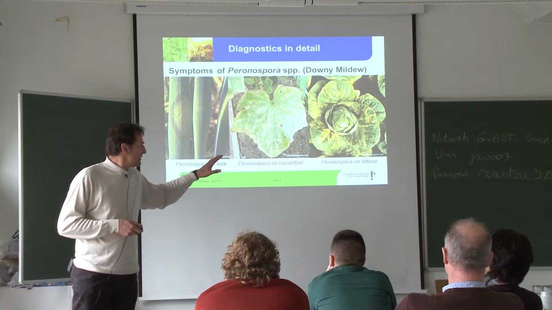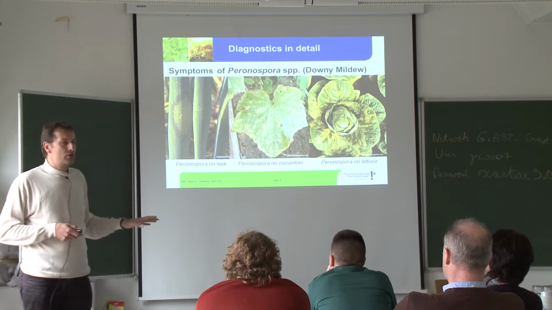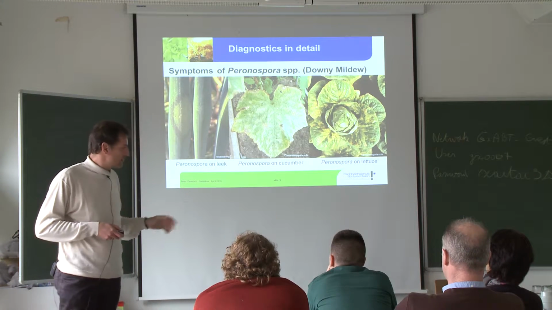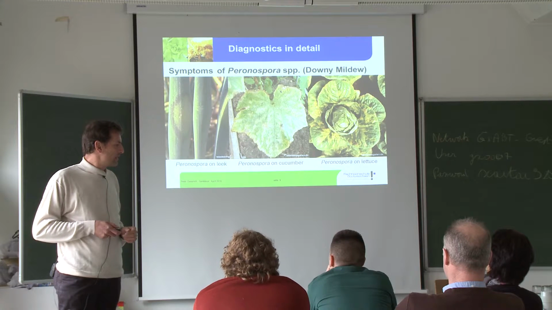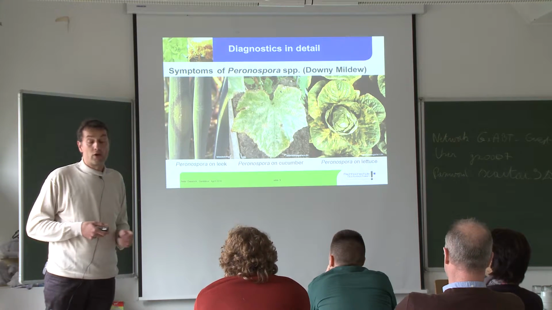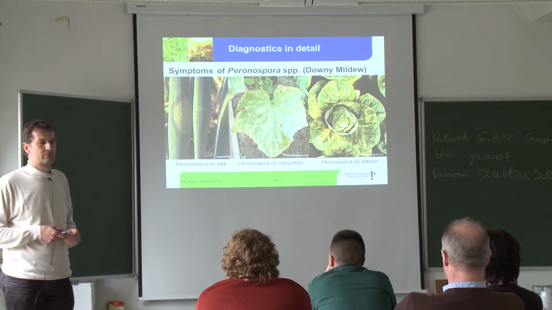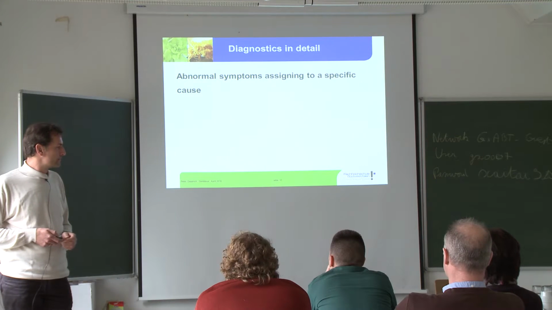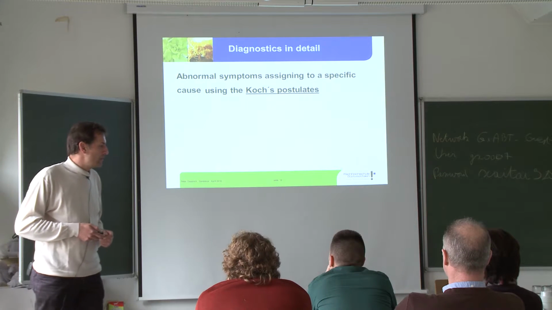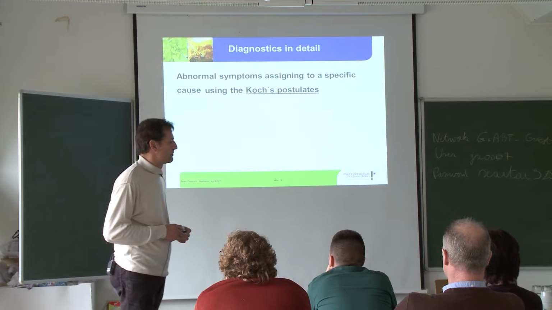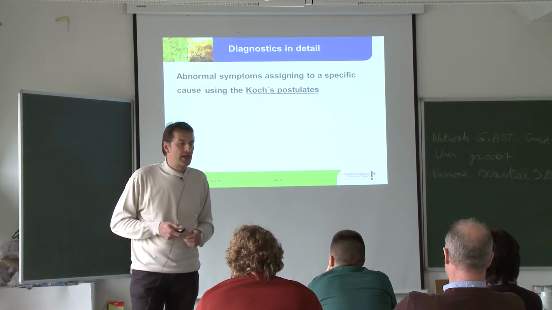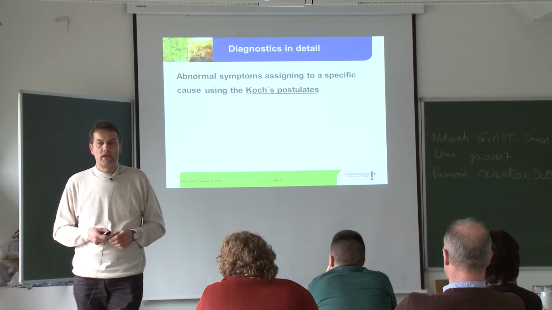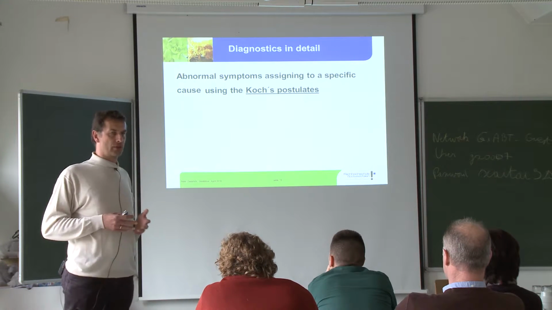So you see in this case, it is important either to know about the symptoms of the pathogens, let us stick with pathogens right now for the fungi, and it is necessary to know where to look it up. Data banks, internet, often helps very well. But if we have abnormal symptoms that we wish to assign to a specific cause, then we have to follow a certain procedure.